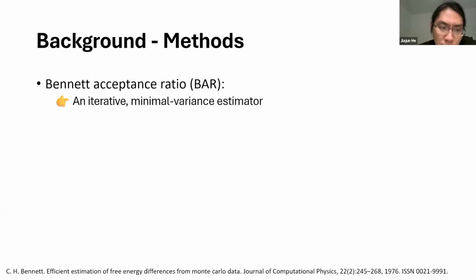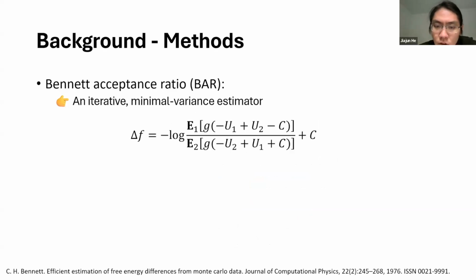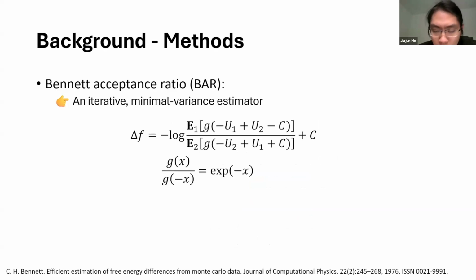And building on top of that, we can do BAR. This is the minimum-variance estimator, and it runs in an iterative fashion. Basically, the form is like this. Here, C and G are actually general. C is a general constant, and G is a general function satisfying this expression.